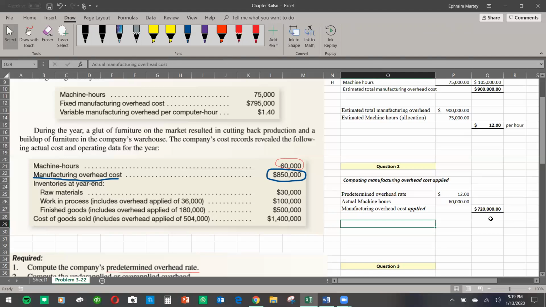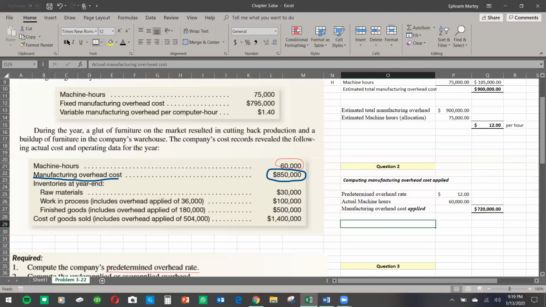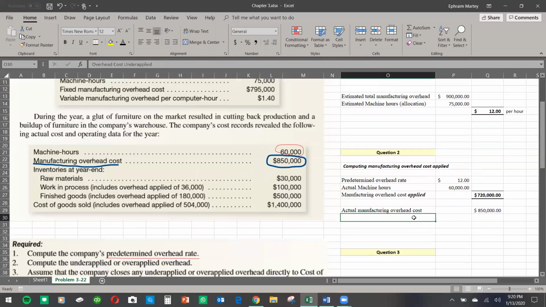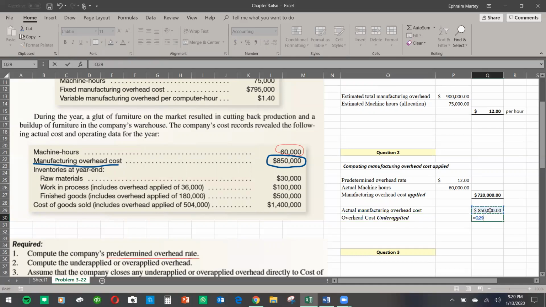That means, did we underapply or overapply? Did we underestimate or overestimate? Of course, we underestimate. So let's compute this. Actual manufacturing cost was 850,000. We find the difference: the actual cost minus the predetermined overhead cost.